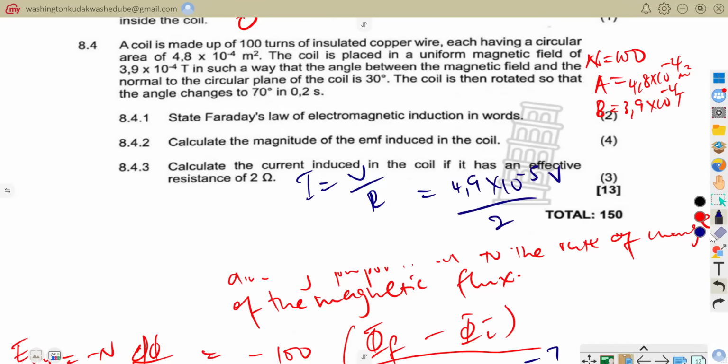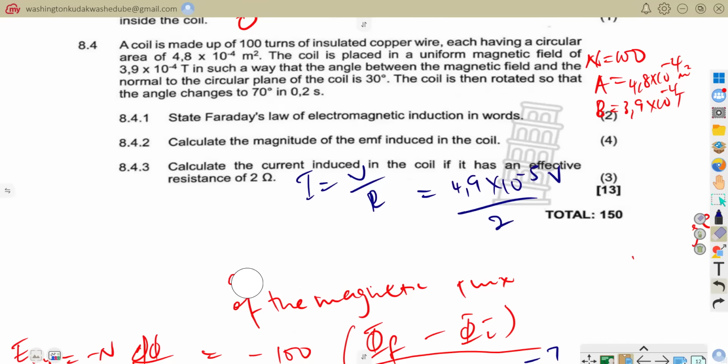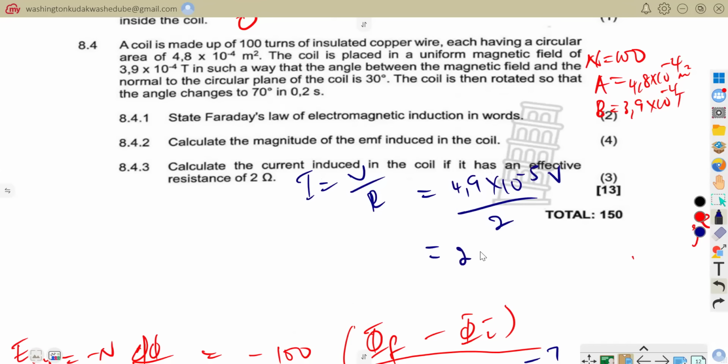You now have the induced EMF and the effective resistance. So your total current was just going to be equal to 2.45 times 10 to the power of negative 5 amps. That is the current passing through the galvanometer.